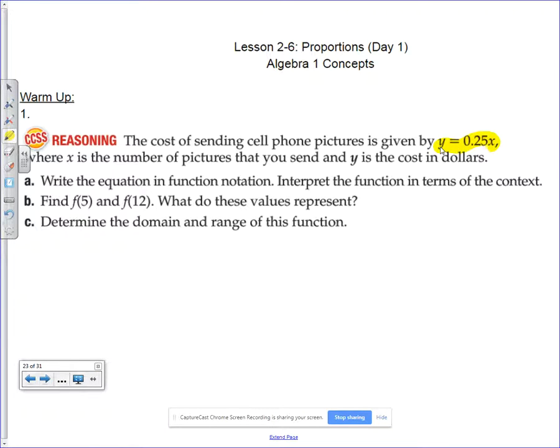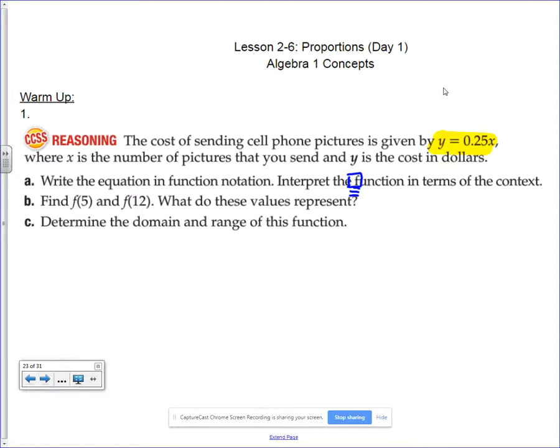What is function notation? Normally it's f of x, isn't it?